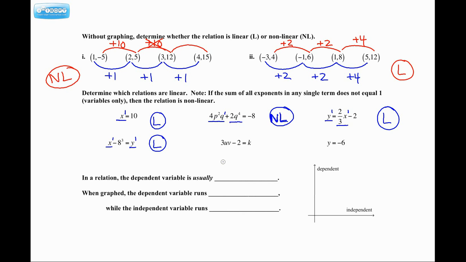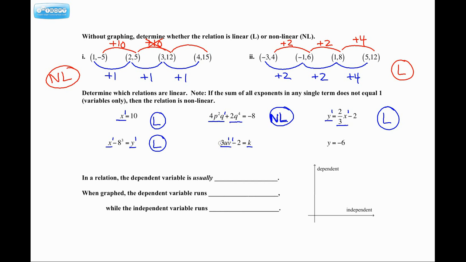Next one, we have 3 times u times v minus 2 equals k. All right, so this term has letters in it. So does this one. Okay, so this is an exponent of 1. That's an invisible 1. So the total of exponents in this term is actually 2.